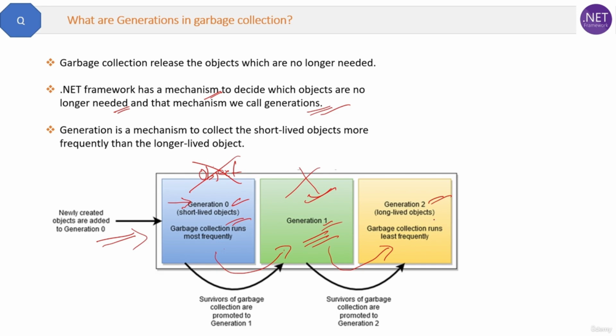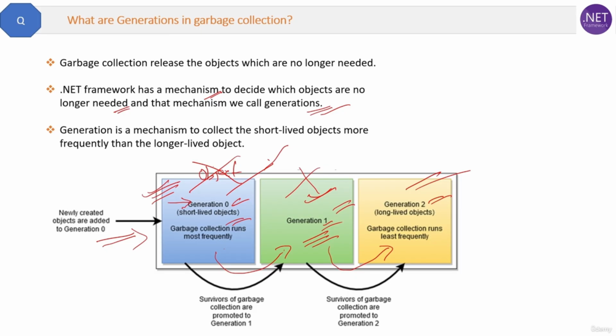Now the point is, the garbage collector will more frequently visit generation 0, only sometimes visit generation 1, and very rarely visit generation 2. That means the objects in generation 1 and 2 live longer than generation 0 objects, because the garbage collector does not visit generation 1 and 2 frequently, right?